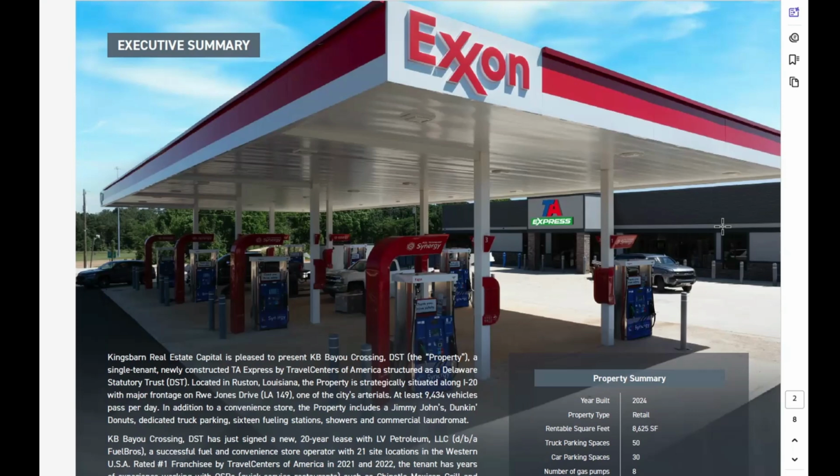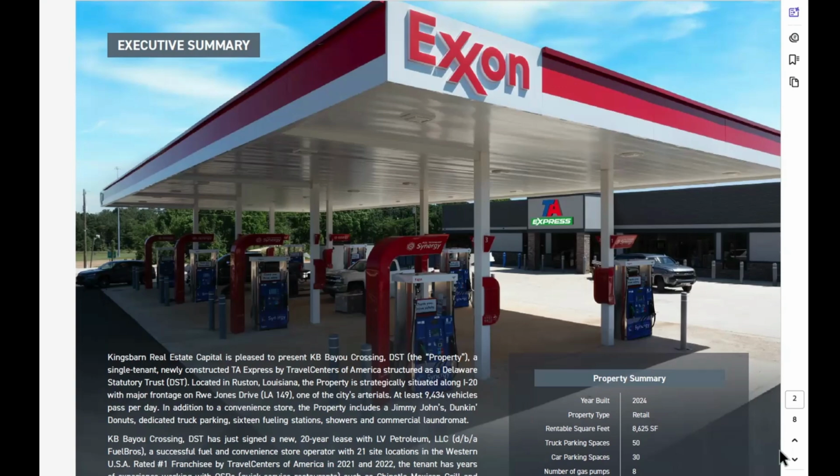In addition to the convenience store, it also includes a Jimmy John's, Dunkin' Donuts, dedicated truck parking, 16 fueling stations, showers, and a commercial laundromat. KBKU, the DST, has signed a 20-year lease with LV Petroleum, also known as Fuel Brothers, which is a successful fuel and convenience store operator with 21 site locations in the Western U.S.